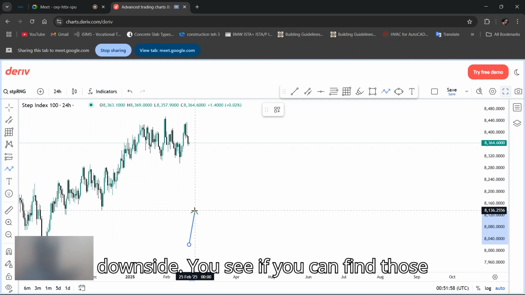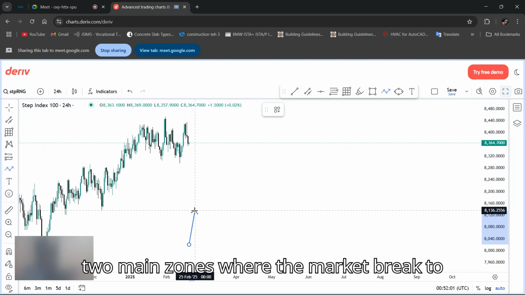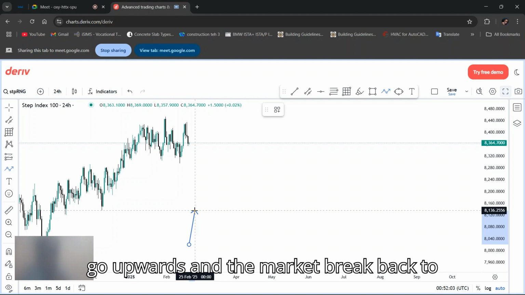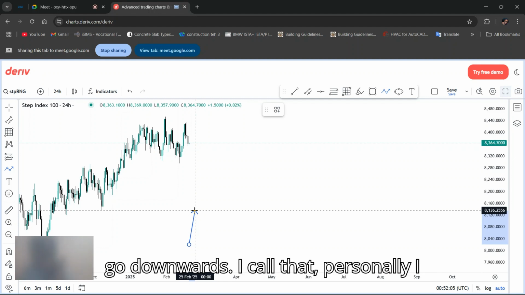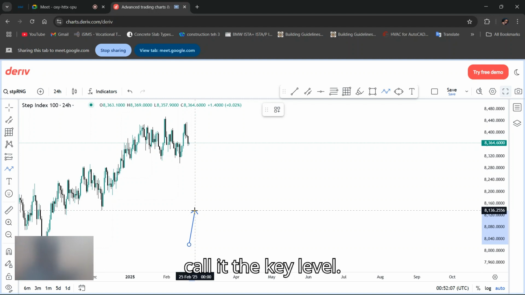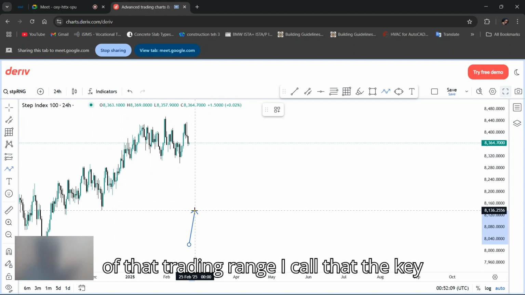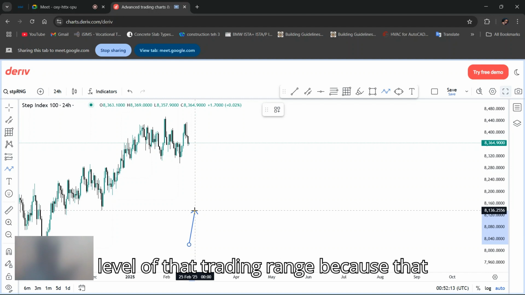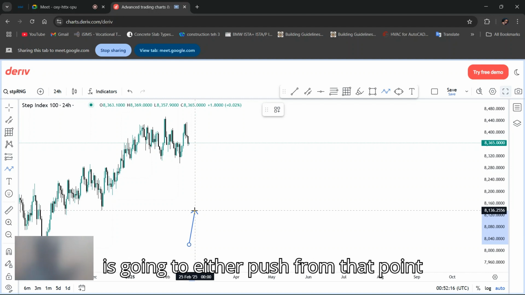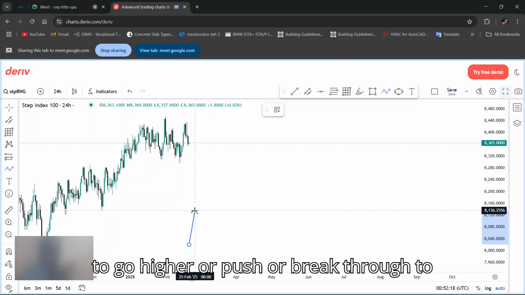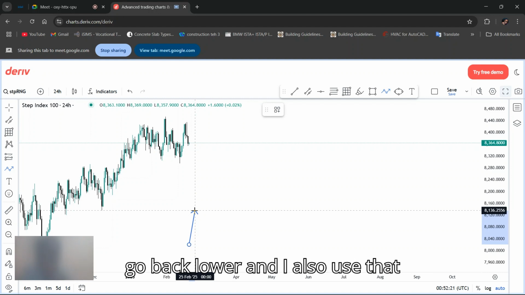You see, if you can find those two main zones where the market breaks to go upwards and the market breaks back to go downwards, I call it the key level of that trading range. I call that the key level of that trading range because that key level determines whether the market is going to push from that point to go higher or break through to go back lower.